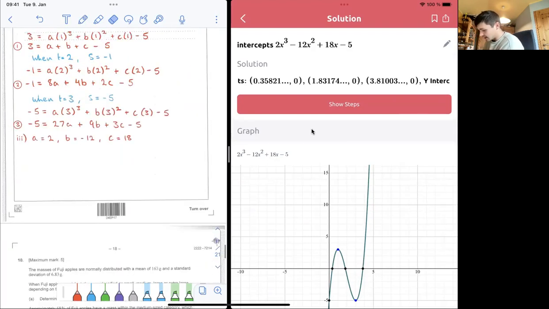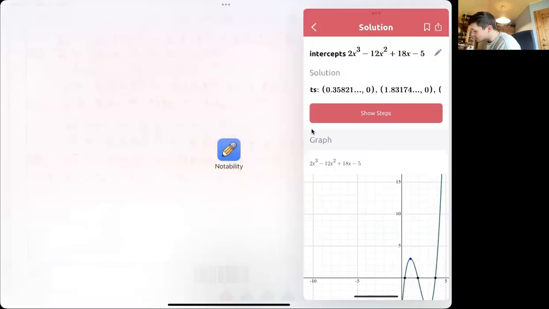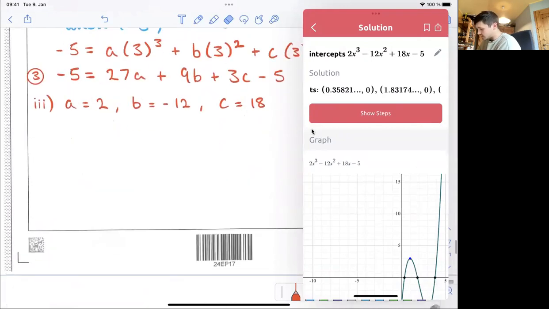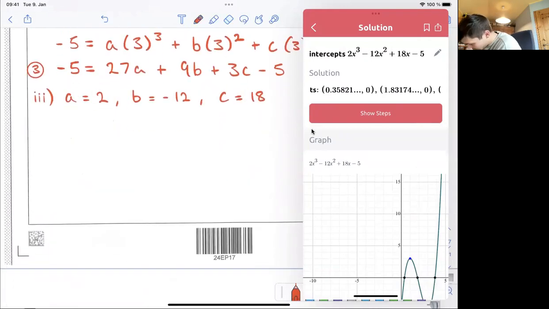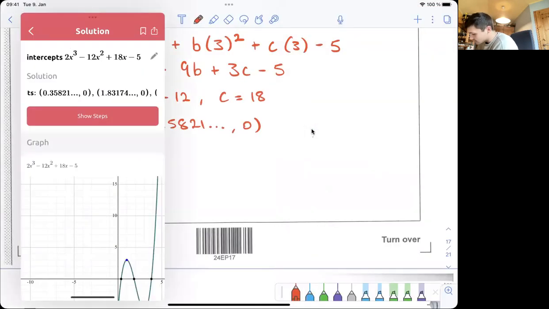Let's write down these x-intercepts. X-ints: 0.35821..., comma 0, and then the next one, in fact, let's bring this over here.